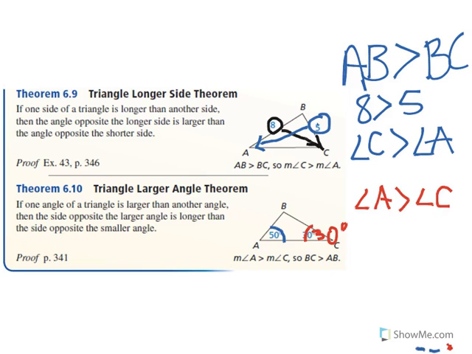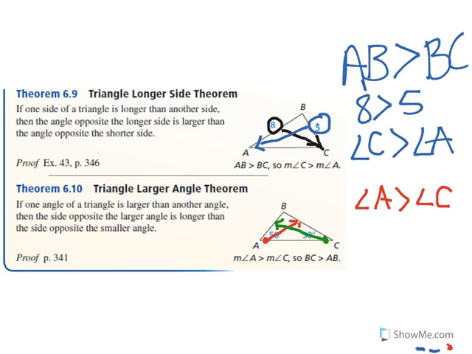Okay, and since they relate to each other, the ones that are opposite relate to each other. Let's go see what is opposite angle A. Here is my angle A. The side that is opposite angle A would be side BC. And over here, the side opposite angle C would be side AB.